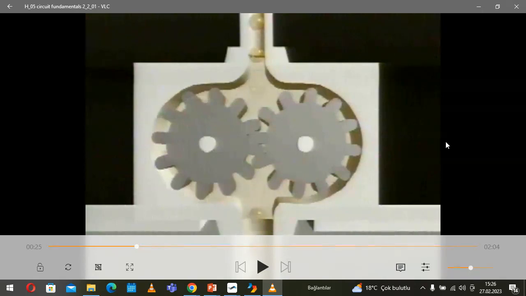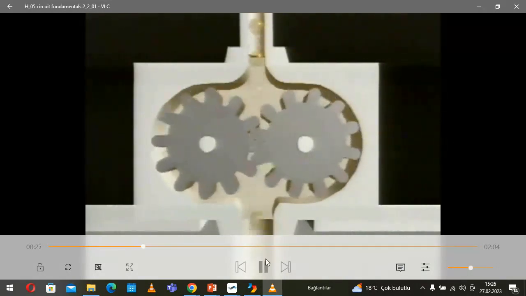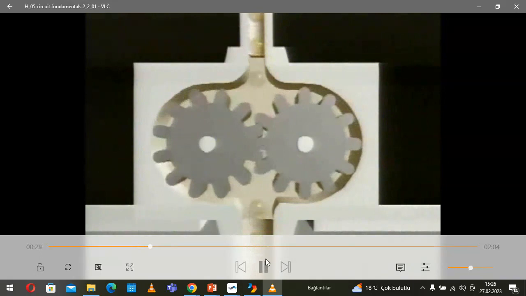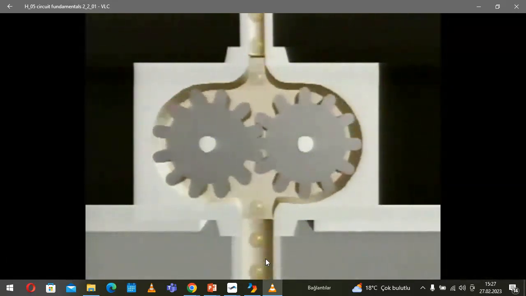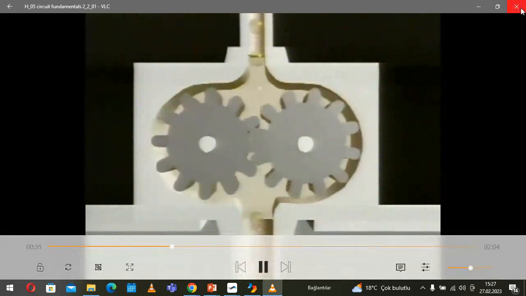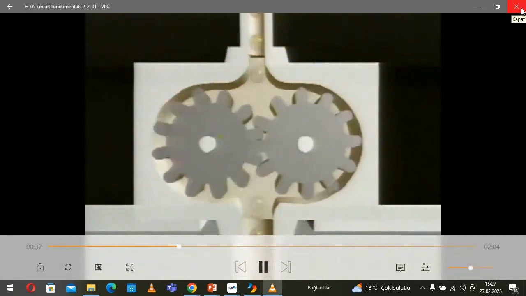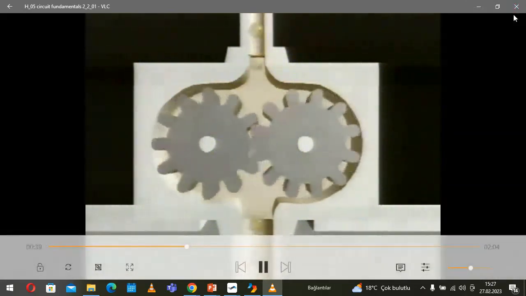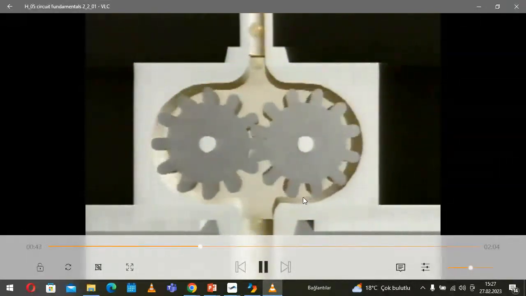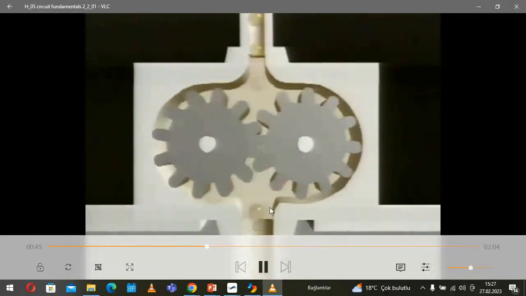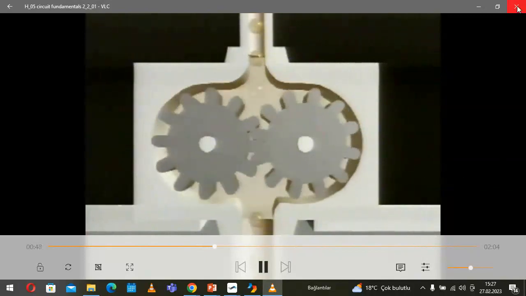So this is the main difference actually, but function-wise the same. Oil is transported between the gear teeth along the chamber walls to the pressure chamber. The intermeshing teeth prevent the oil in the middle from flowing back. The oil now flows from the pressure chamber into the line, where it's displaced by the oil being supplied continuously from the gear wheels. Okay.